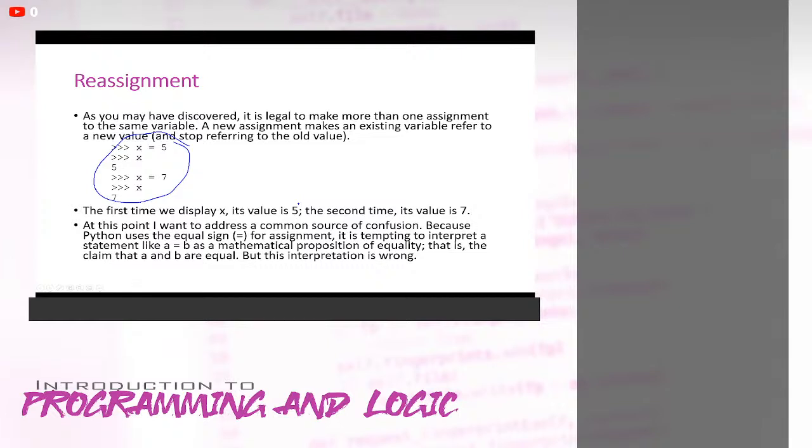So it's kind of tempting to interpret a statement like A equals B as a mathematical proposition of equality, because it seems to say that, if we say A equals B, just like we would say A is greater than B, that must mean that we're looking for equivalency. That is incorrect. This interpretation is wrong.